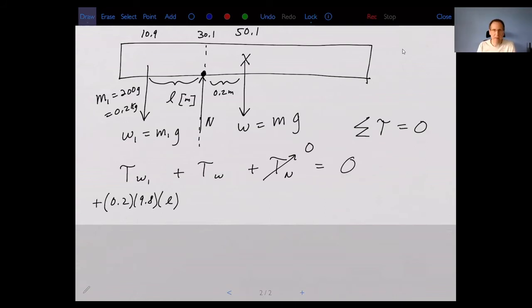So it's plus. And then for the weight of the meter stick, the force is the weight. We don't know M, so I'm just going to leave this as M. g is just 9.8. And then what is the moment arm? Well, by design, it's this distance, which we set to be 0.2 meters. So this is just 0.2. And is that torque positive or negative?